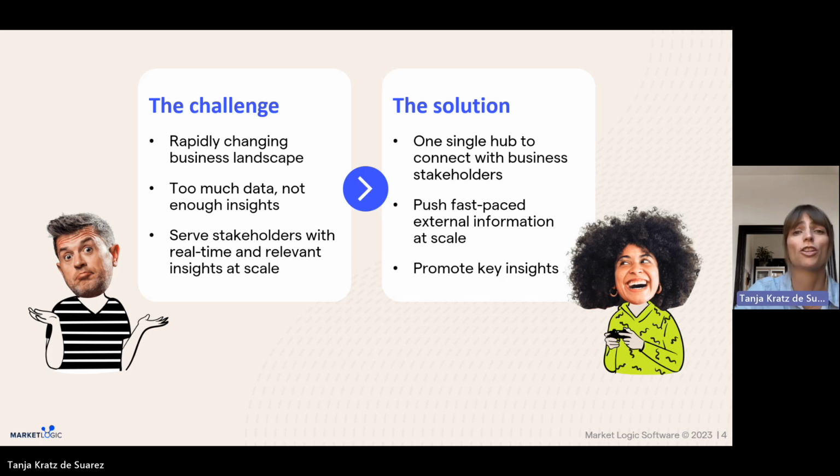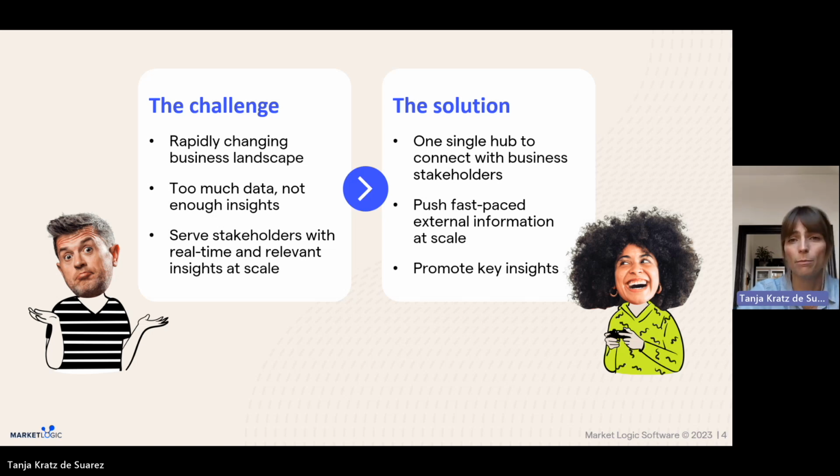Now, here's what the technology can really help. Creating one single hub to connect with your business stakeholders, having all your insights and aggregated intelligence in one tool, enabling that holistic view of the market to see the bigger picture and connecting the dots.